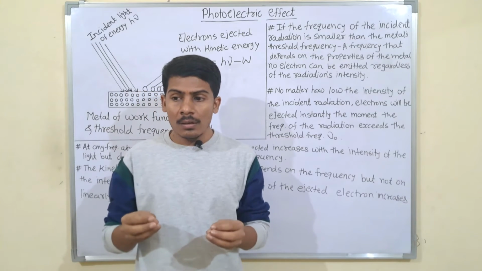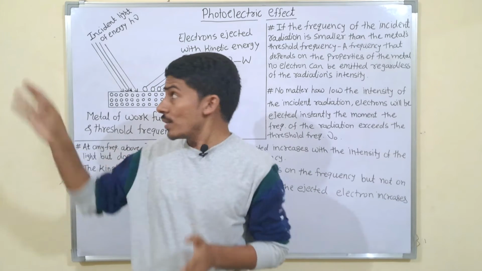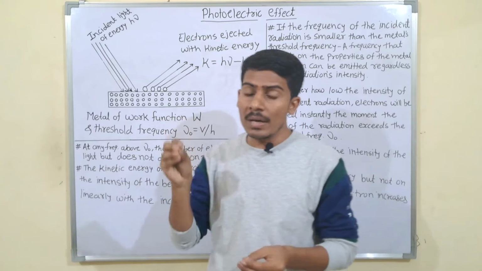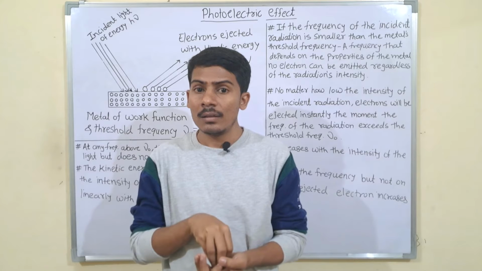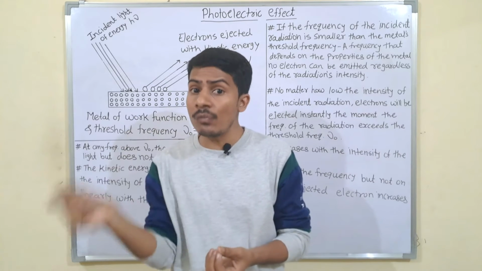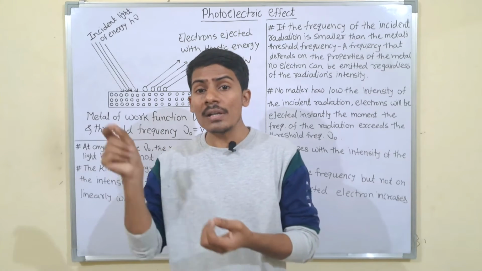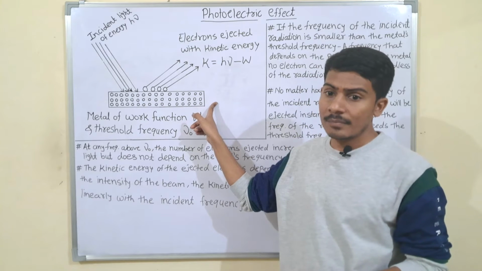Now if we incident light on our metal surface, the condition is that the frequency of the light must be equal to or greater than the threshold frequency of this material.